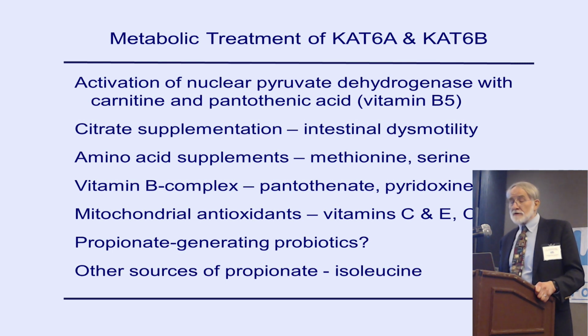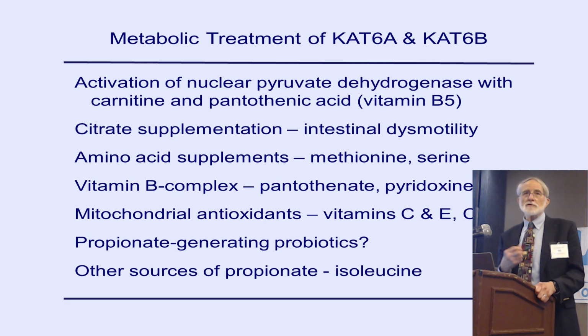And as it turns out, most of the acetyl-CoA that KAT6A and KAT6B use to acetylate histone is made by the same enzyme that, instead of being in mitochondria, a portion of it has been shifted into the nucleus, where we can use the same mechanisms for stimulating the pyruvate dehydrogenase to make increased acetyl-CoA.